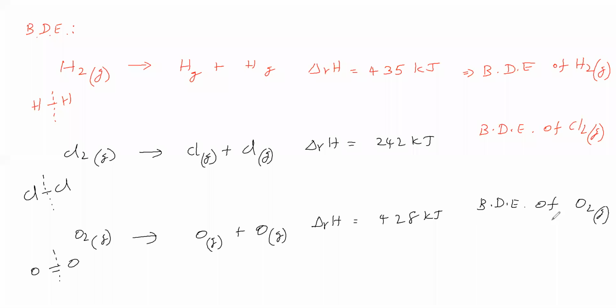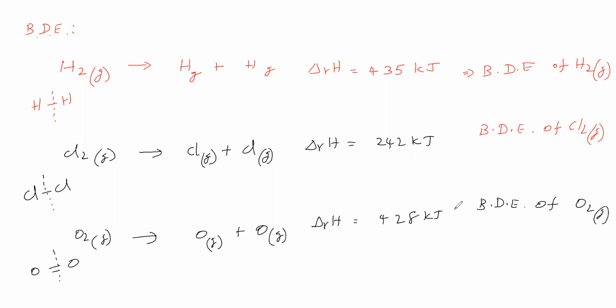So if you take oxygen molecules in gaseous state, 1 mole, and break all the bonds, you get gaseous atoms. The heat involved for this is called the bond dissociation enthalpy of oxygen gas. So this is about bond dissociation enthalpy.